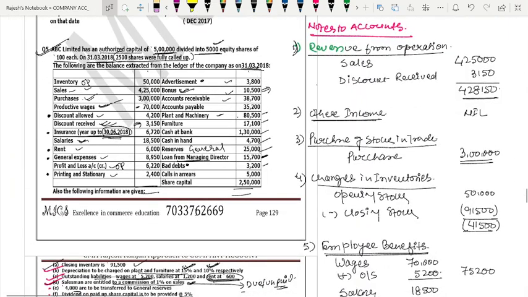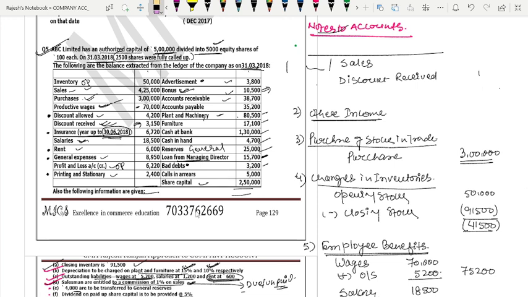We have to deduct this. Share capital, start with share capital, 2,50,000.